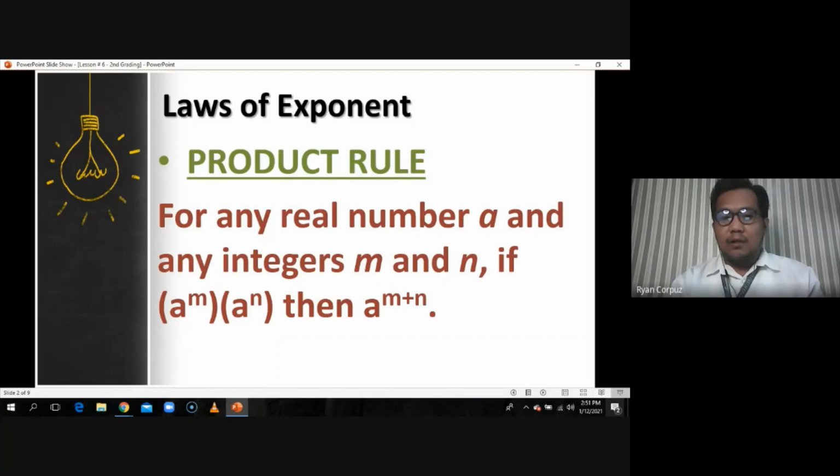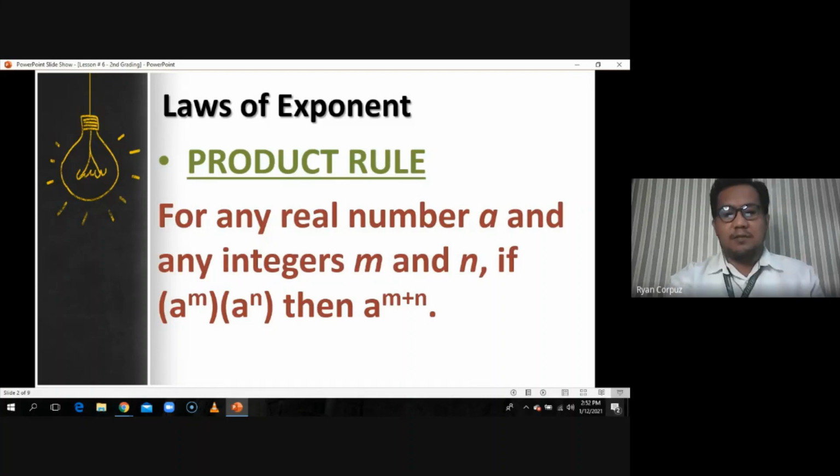Take note, this product rule is only applicable when you are multiplying expressions with the same base. So say for example, parehas silang a. Nakikita niyo dyan, parehas a. So even though they do have different exponents, kahit magkaparehas pa exponent nila, since they do have the same base, all you have to do is to copy that same base, then add the exponent. So that is what product rule means.